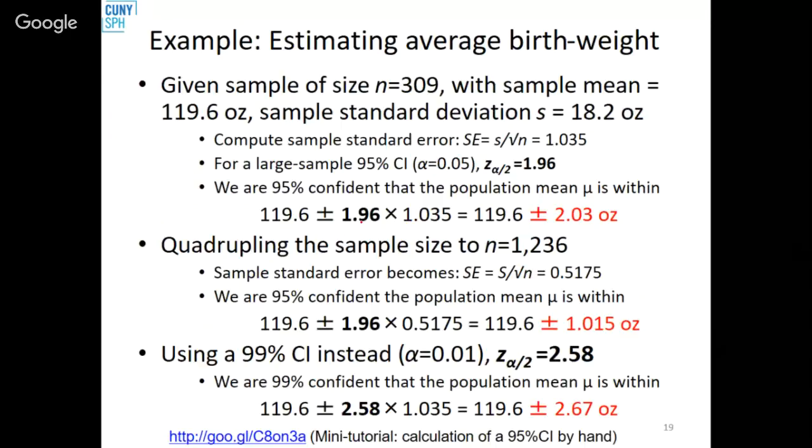That margin of error is 1.96 times 18.2 divided by the square root of 309, which gave us 1.035, and multiplying that by 1.96, the critical value, gives us the margin of error, 2.03 ounces.